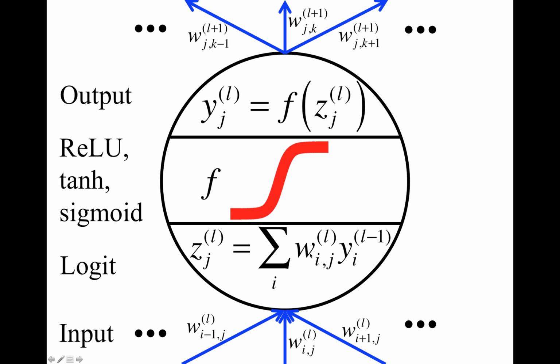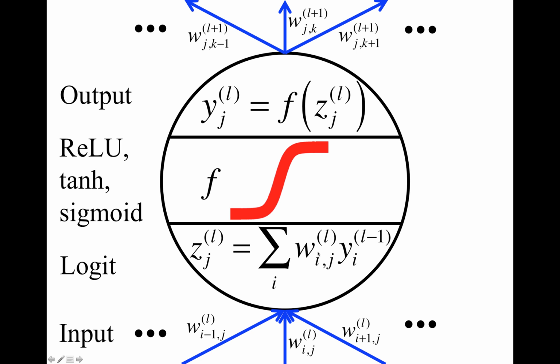So W_ij^(L) here means that it is the weight for the connection that's coming out of the ith neuron in the (L minus 1)th layer and comes into the jth neuron in the L-th layer. That's what these three indexes actually mean. You require these three indexes in order to uniquely determine the connection.